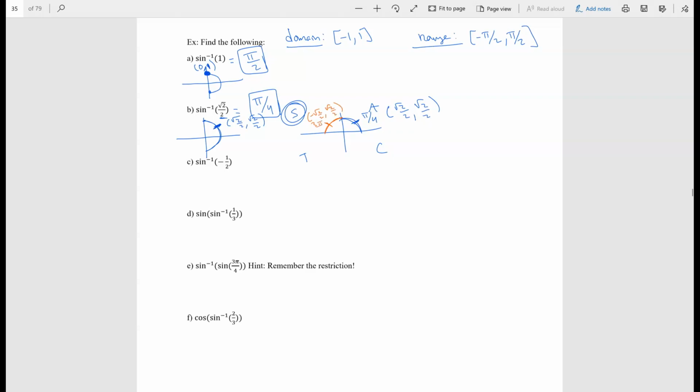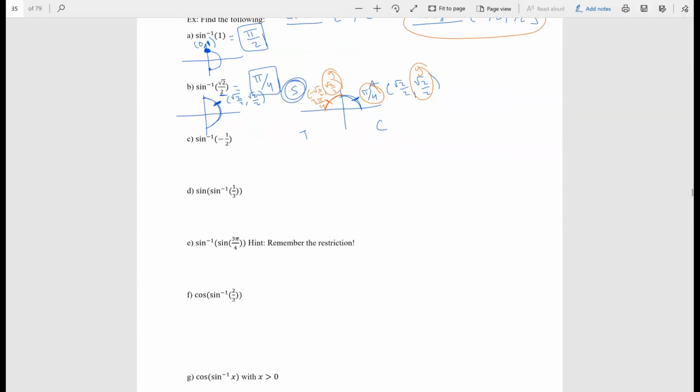This is 3π/4. Notice that the y values, our signs, are the same, but the answer is π/4 because we have to go based on the restrictions that they give us. This is my restriction. I'm only restricted to these values. Okay. All right. So now what about this one? You want to find the sine inverse of -1/2.